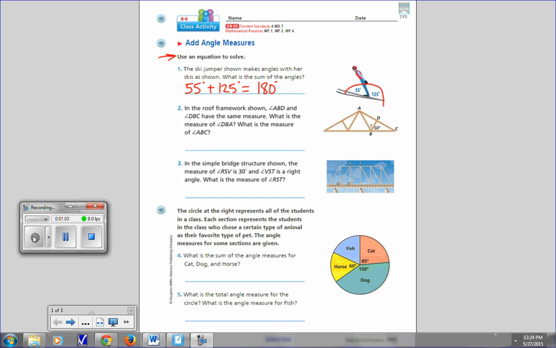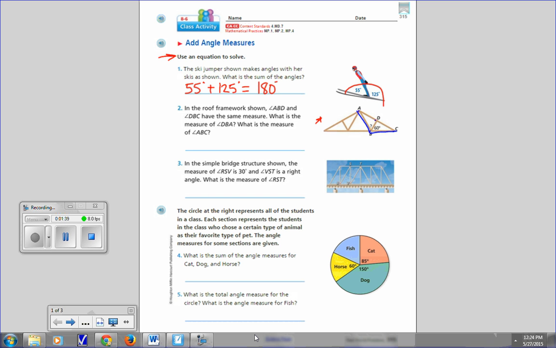In the roof framework shown here, this is like a piece from this one right here. It's like a piece of a roof. Angles ABD and DBC have the same measure. What is the measure of DBA? What is the measure of ABC?